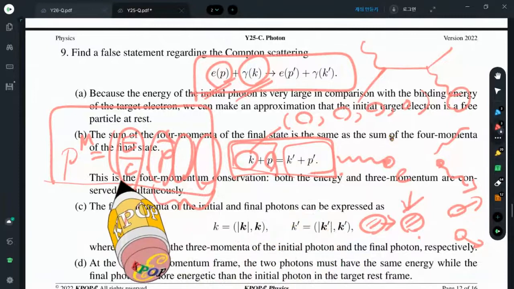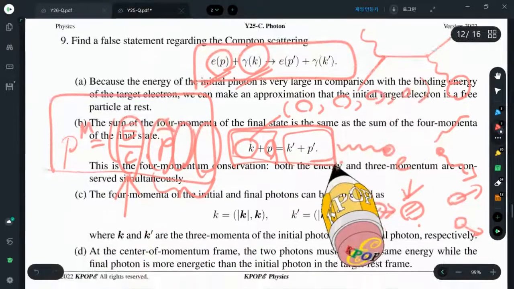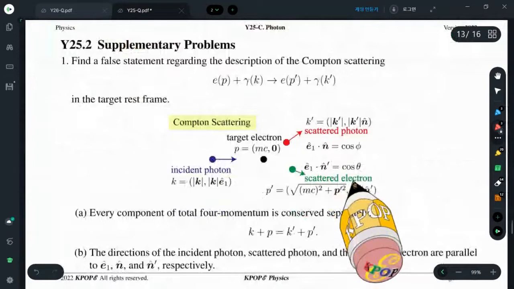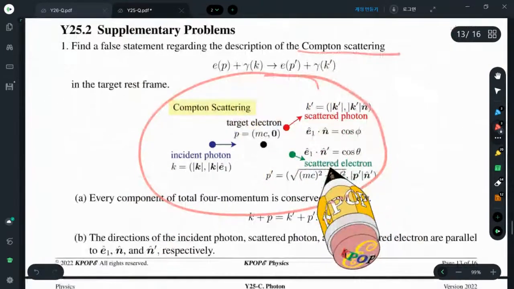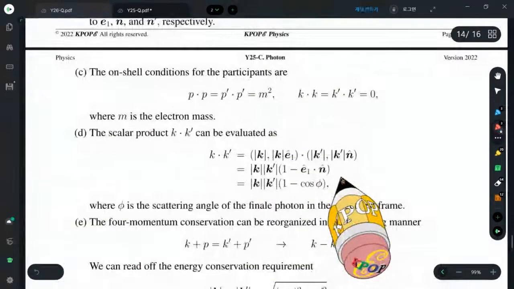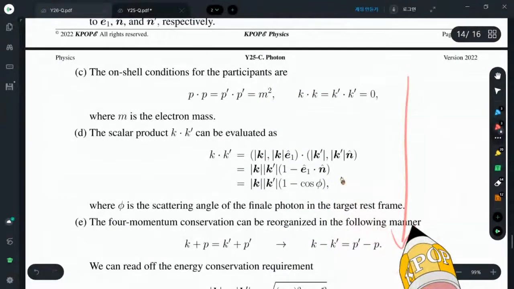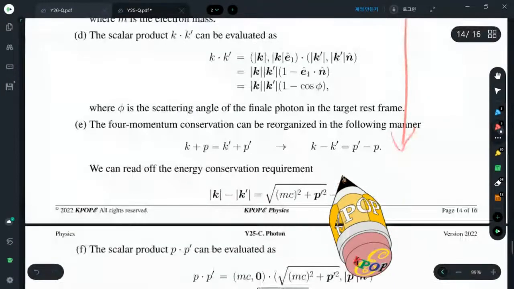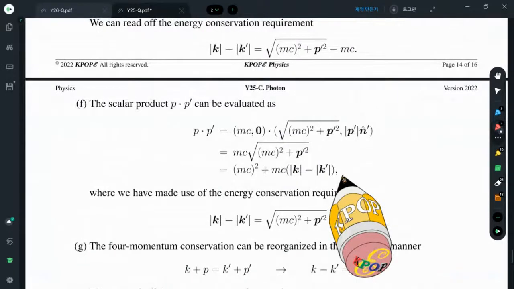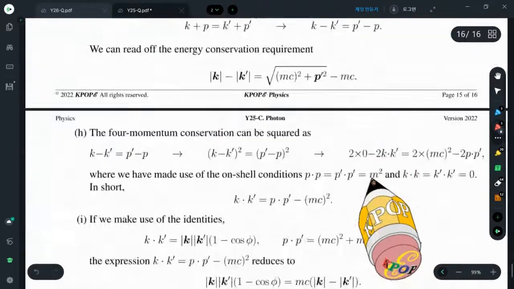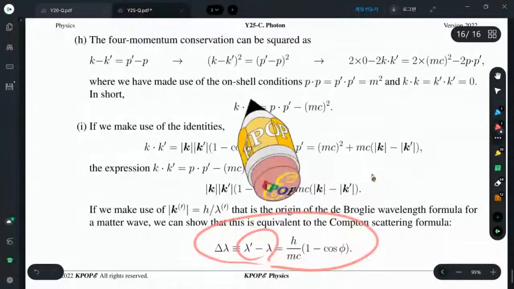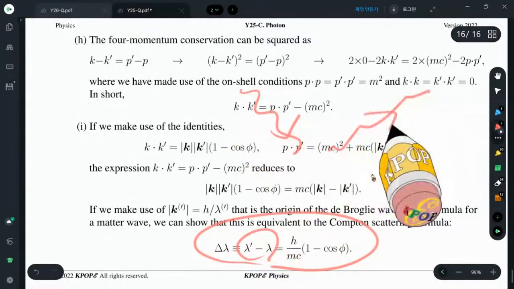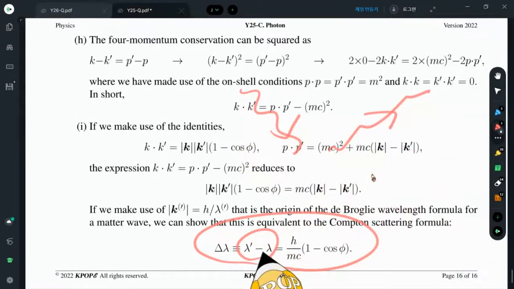So this four momentum conservation was tested experimentally by Compton, and eventually you can follow the calculation by making use of what we learned yesterday, and this relation gives, at the end of the day, the wavelengths of the incident and outgoing X-ray.